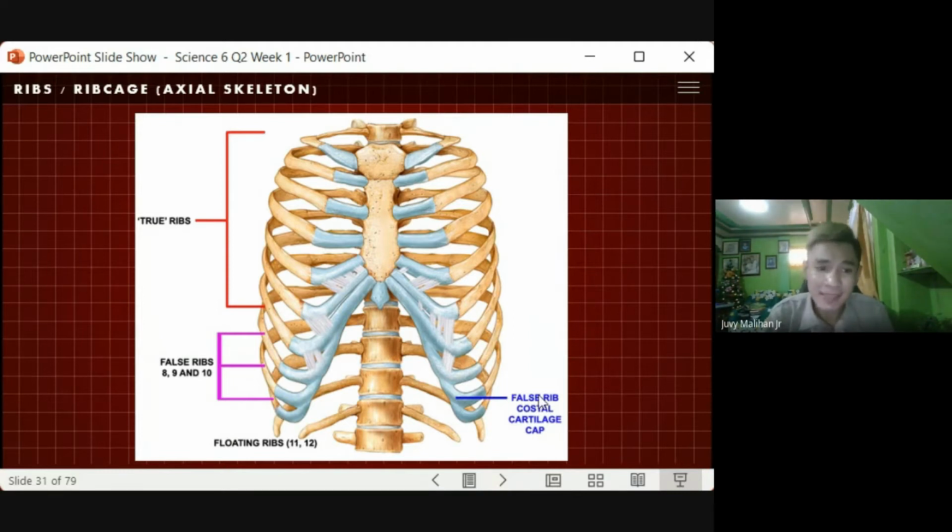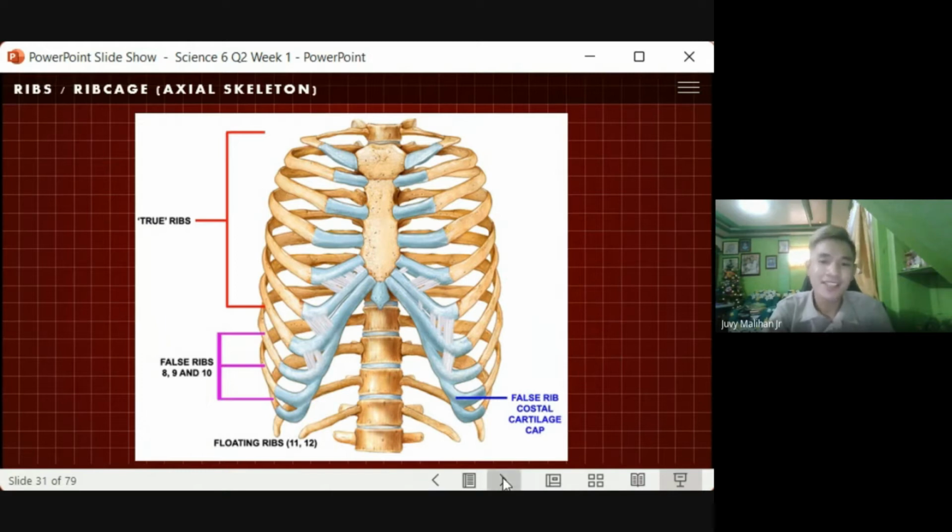And the last 2 pairs, class, as you can see, hindi siya connected sa ating breastbone. That's why we call them floating ribs. So we call the last two pairs that are not connected to our breastbone floating ribs. Take note of that.